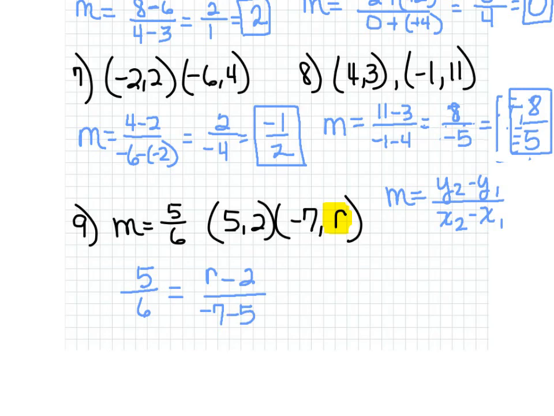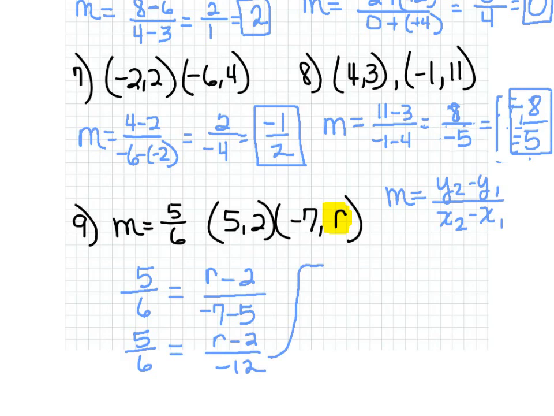Let's simplify. 5/6 equals r minus 2 over negative 12. Okay. All right, so I've run out of room there, but I'm going to go ahead and continue this problem up here.